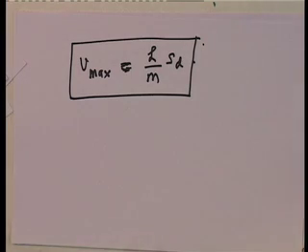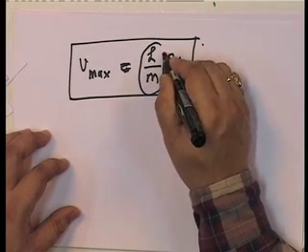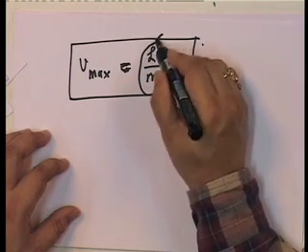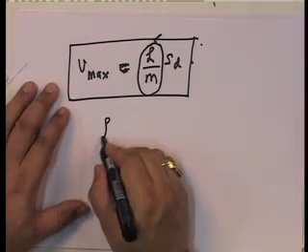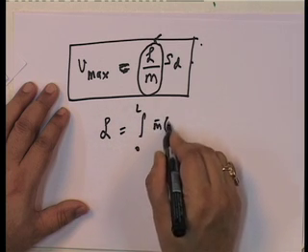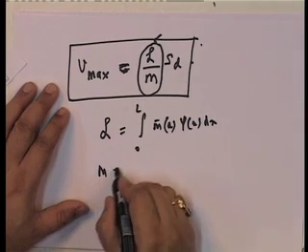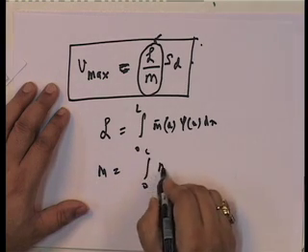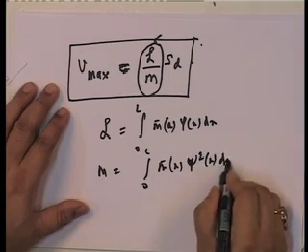But in essence, the point that I am trying to make is that there is a term which has been brought in where L is equal to integral 0 to L of m bar x xi x dx, and m is integral 0 to L of m bar x xi squared x dx.